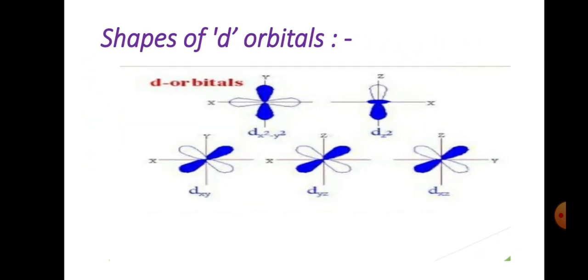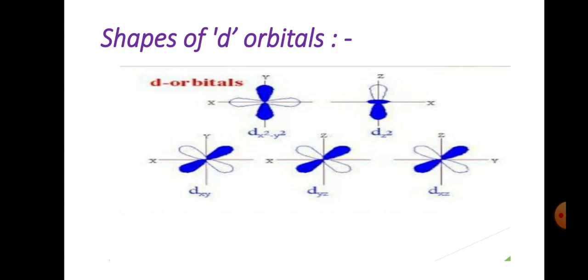Here we all know that the metal consists of 5 d orbitals, which are dx square minus y square, dz square, dxy, dyz, and dxz. Here we see the shapes of the d orbitals. All the 5 d orbitals are not identical, and there are in fact two sets of d orbitals.